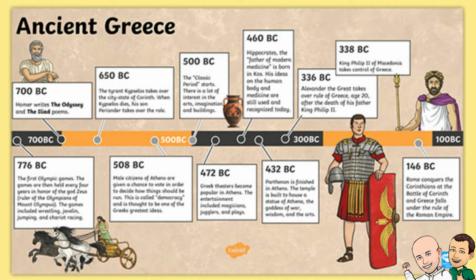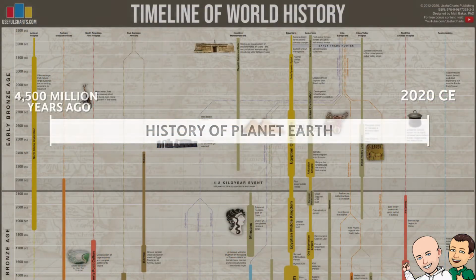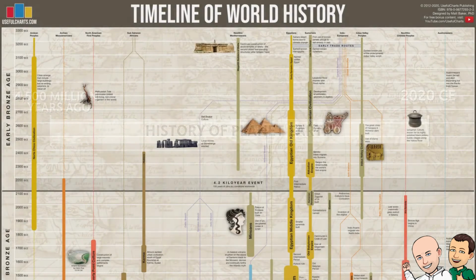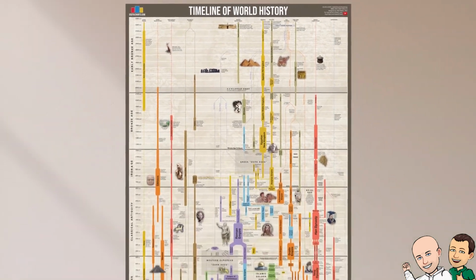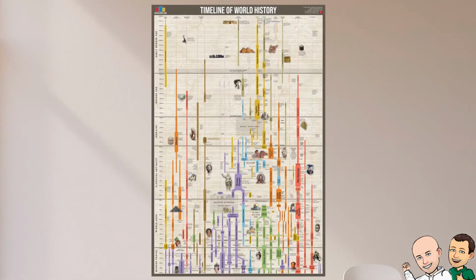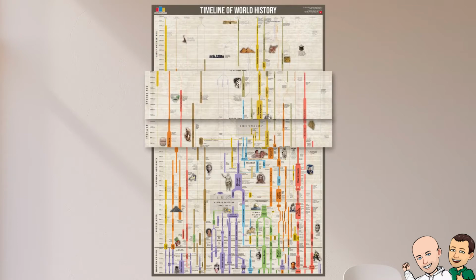So what is a timeline? We've got chronology, things that are in sequence. A timeline is like a graph which shows how time passes. Usually this is shown on a line, and this can help students of history to see how things happen in order.